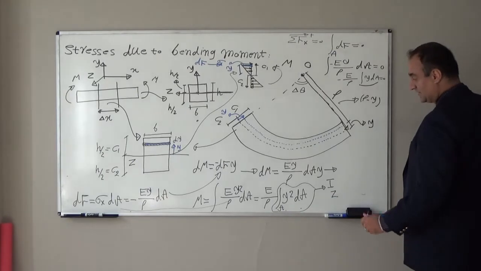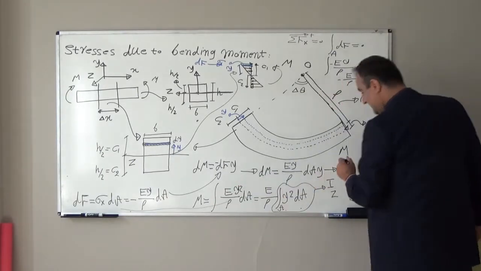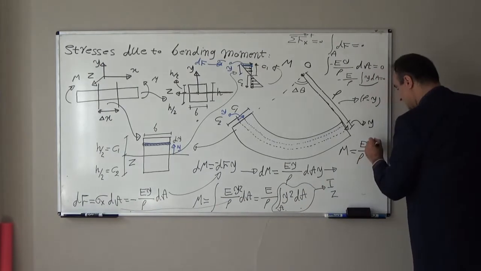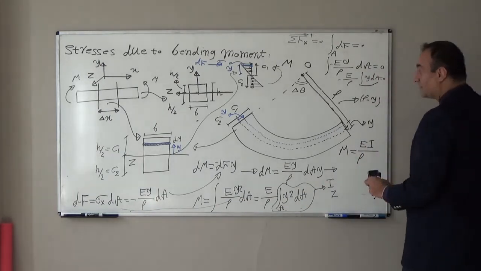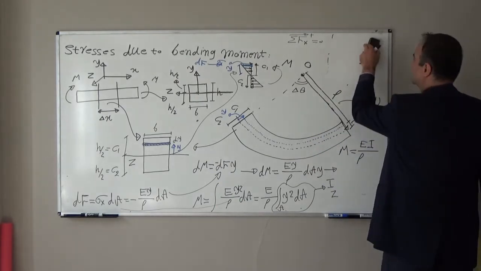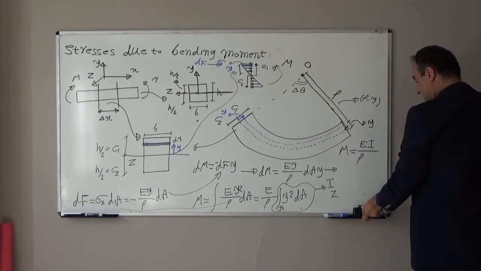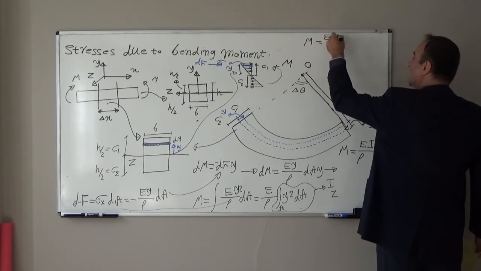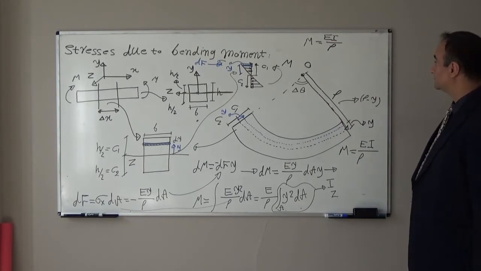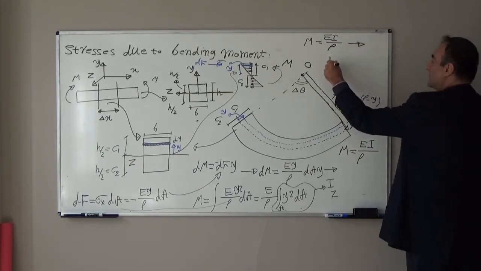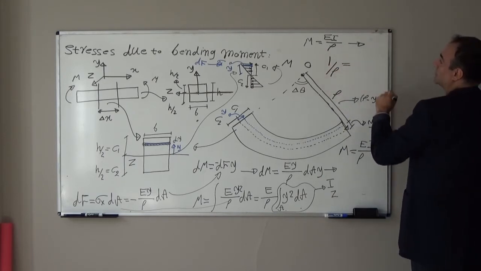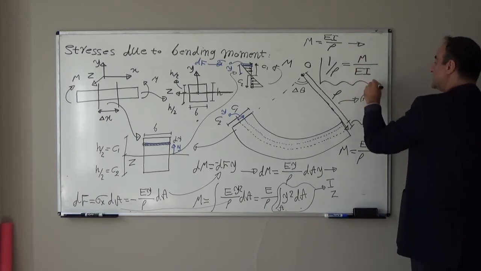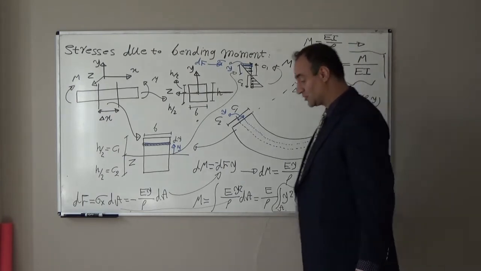From here, I can write M is equal to E over rho times I. If I rewrite this one more time, I will end up with moment is equal to E I over rho, or I can write 1 over rho is equal to M, the moment, divided by E I. This is a very important formula we will use a lot, so you should know it.